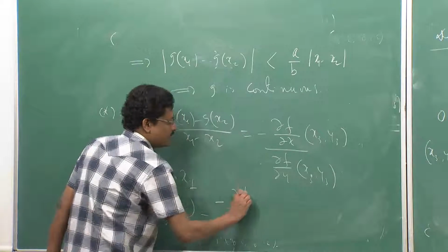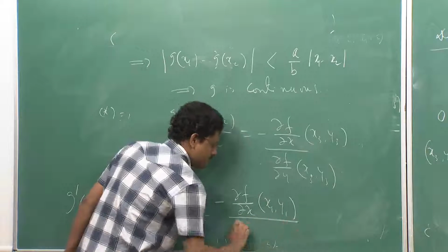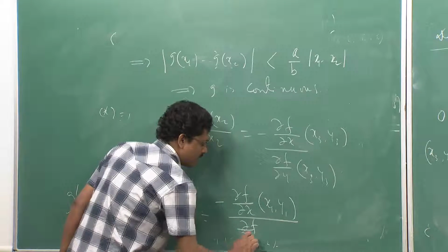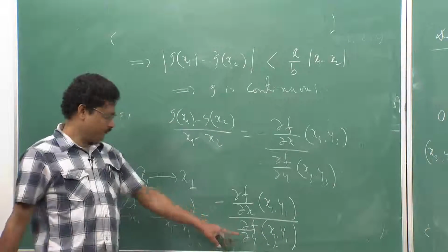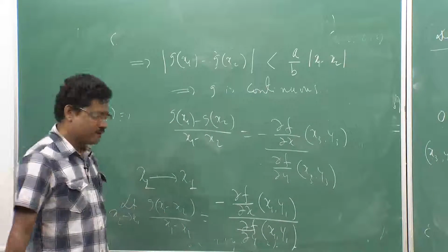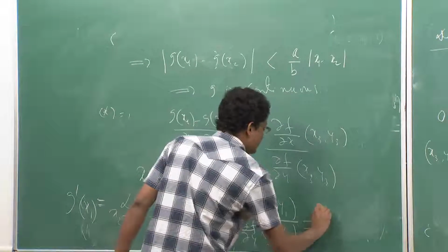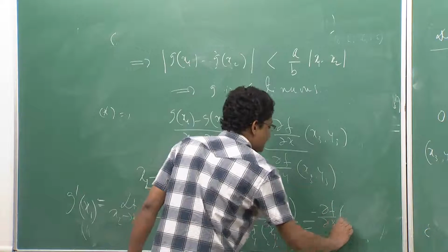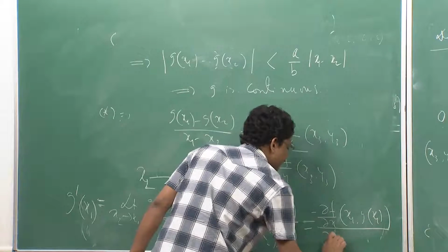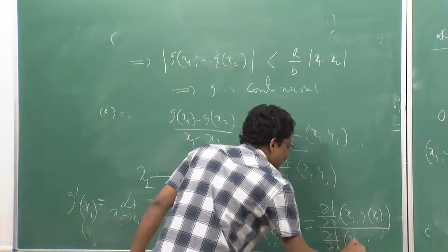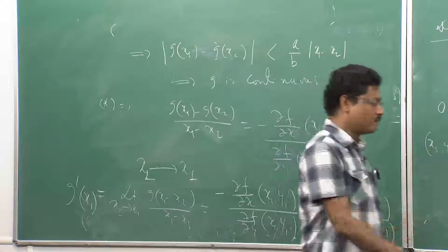So, this is minus ∂f/∂x at (x1, y1) by ∂f/∂y at (x1, y1). This is non-zero, so this limit exists and g is differentiable. Not only differentiable, we actually get what it is: minus ∂f/∂x at (x1, g(x1)) divided by ∂f/∂y at (x1, g(x1)). That is it. That is the proof of the implicit function theorem.